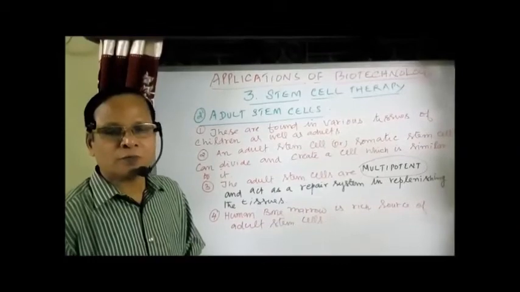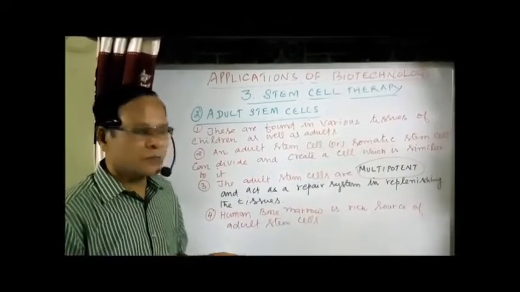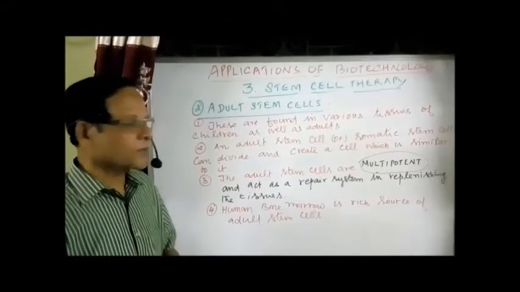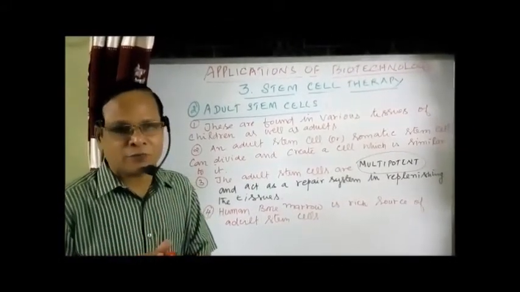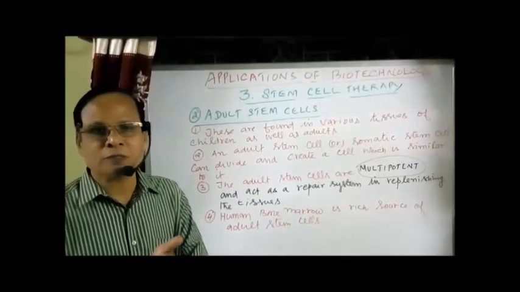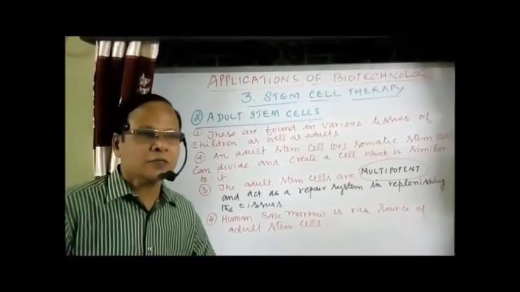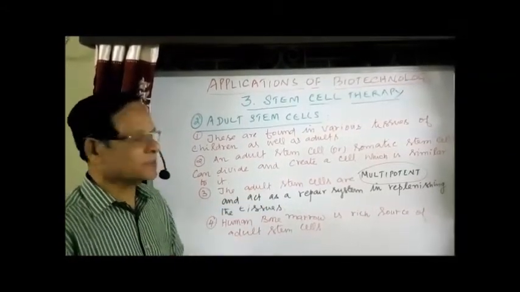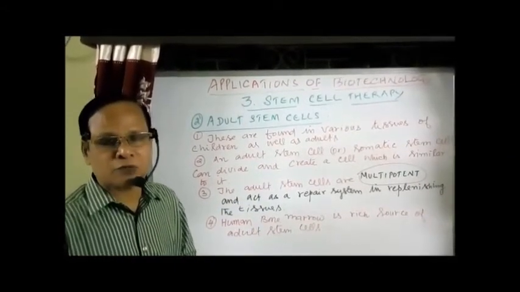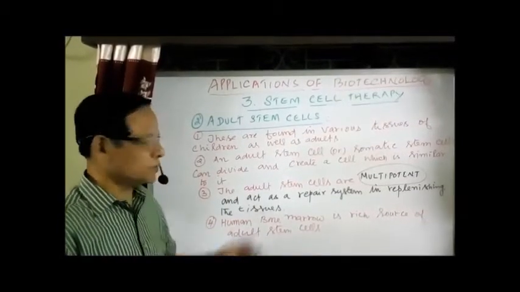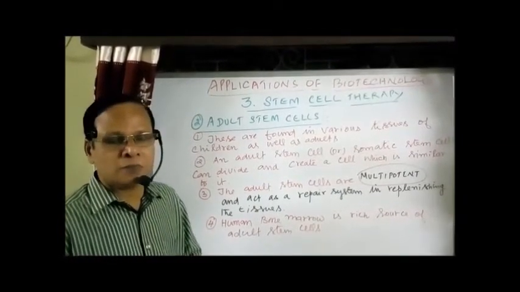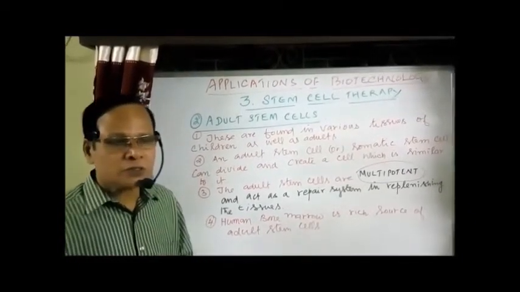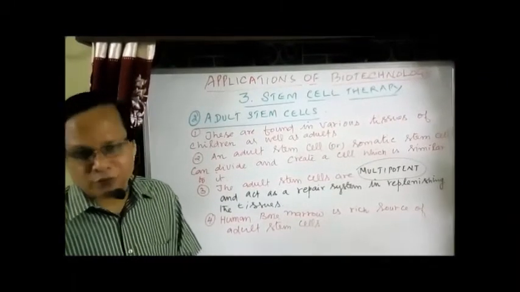Pluripotent means formation of three germ layers; multipotent means differentiation of various cell types from these layers. Adult stem cells are multipotent and act as a repair system when there is damage in a particular tissue because of injury. That place is replaced with new cells, rejuvenating the tissues by making the cells afresh.